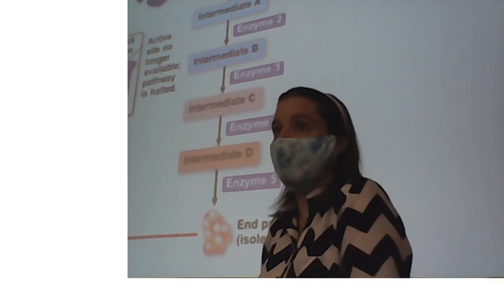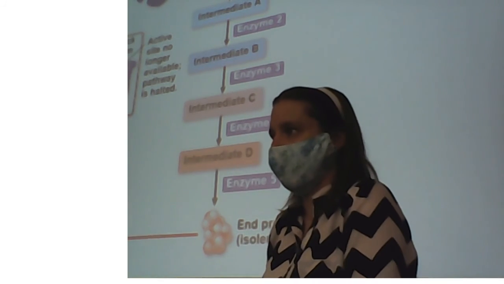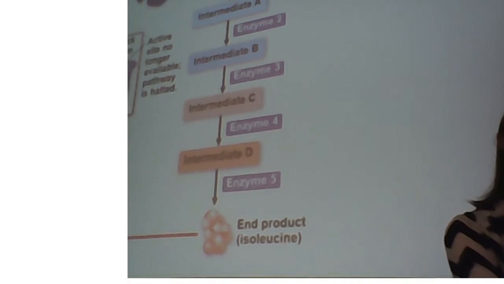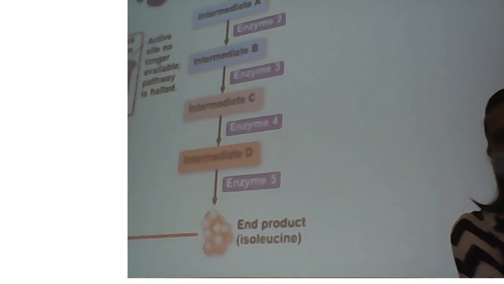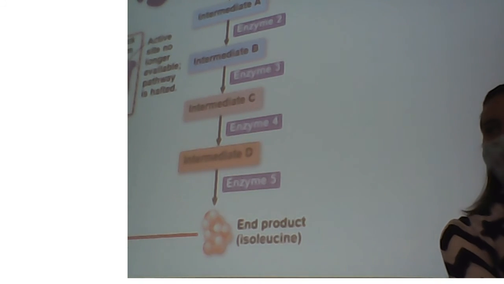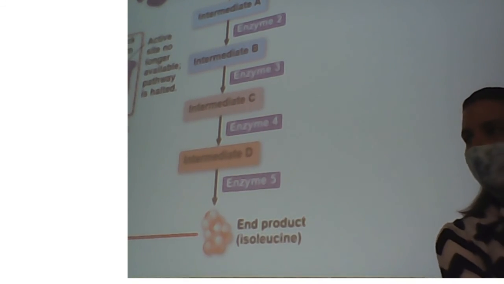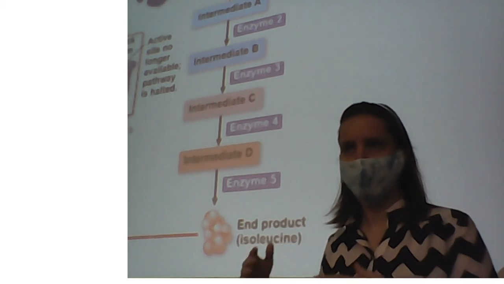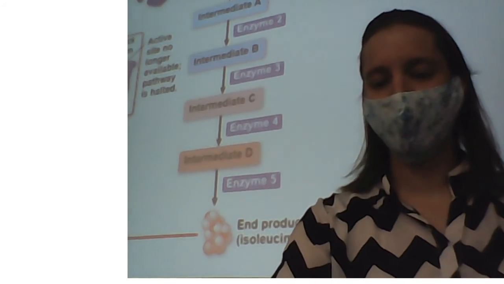And that's good, because now you have stuff you don't need, right? As isoleucine gets used up by the cell, you then free the enzyme. Now you don't have much isoleucine in the cell, the enzyme's ready to go, and it turns back on. Do we see that? Feedback inhibition process. It's very clever.